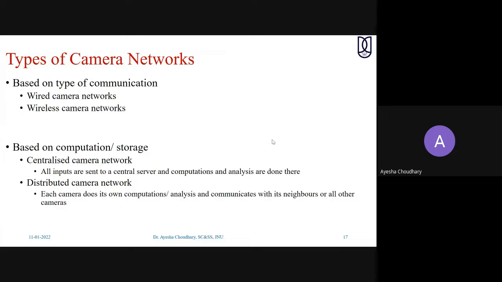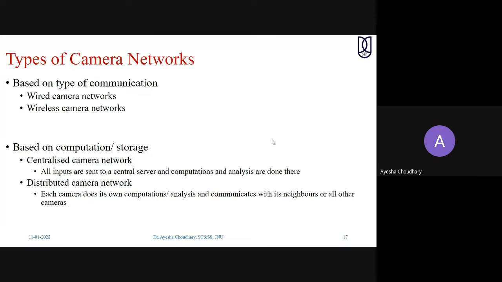And then you can have centralized computation where all the cameras are sending the information to one central server where all the computation and analysis is done. That's a centralized system. Or you can have a distributed camera network where every camera, and when I say camera, it's a smart camera. It has some processing, that is either you put a laptop or a desktop or a server along with that camera, or it is onboard camera processing. And so every camera does its own processing and then communicates with its neighbors.